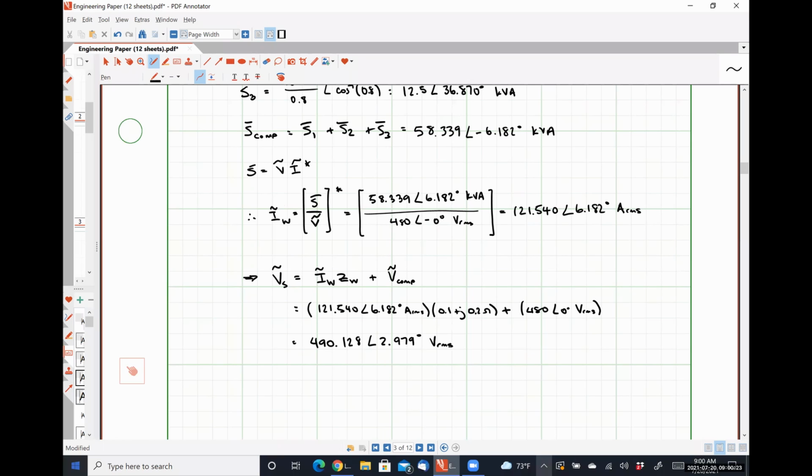So we solved part A in a significant number of steps. Part B will be a little bit easier. All right. We want to find the power factor at which the voltage source is supplying power. That's easy enough, right?